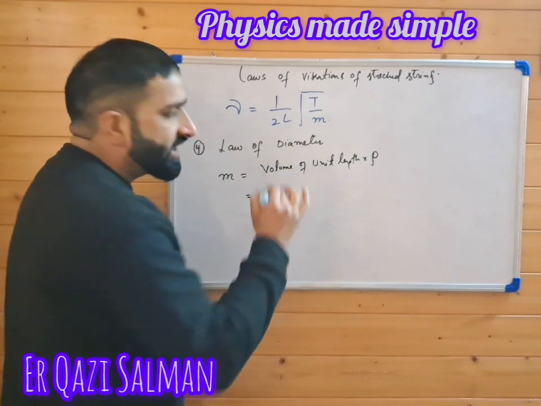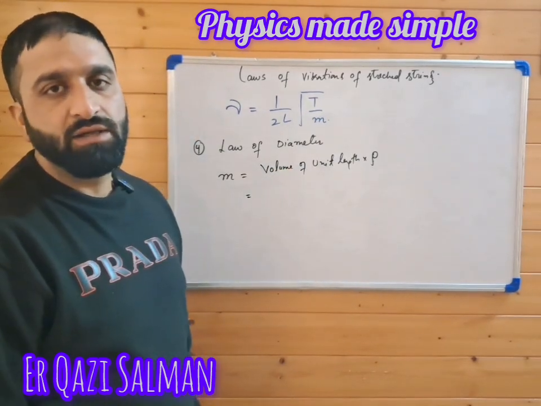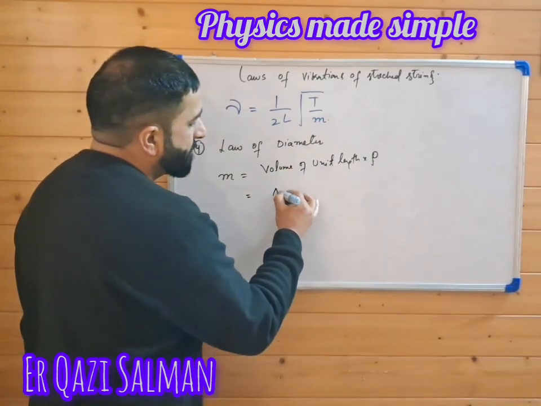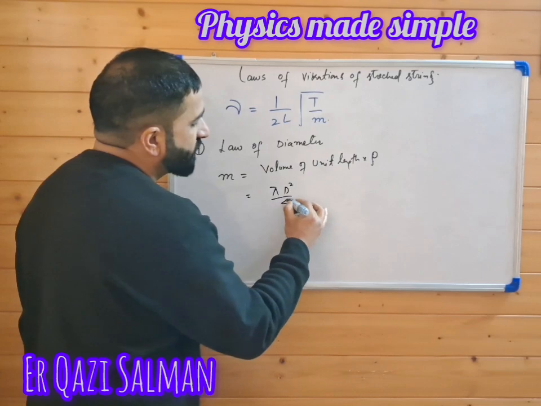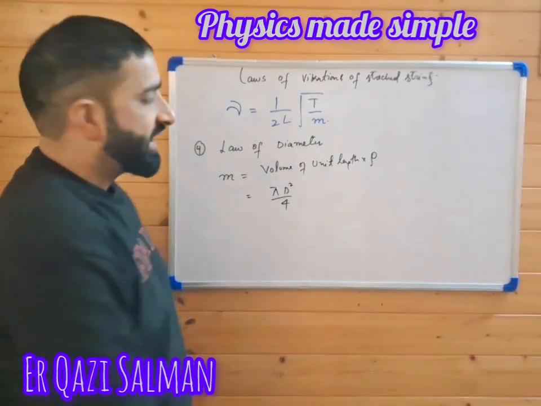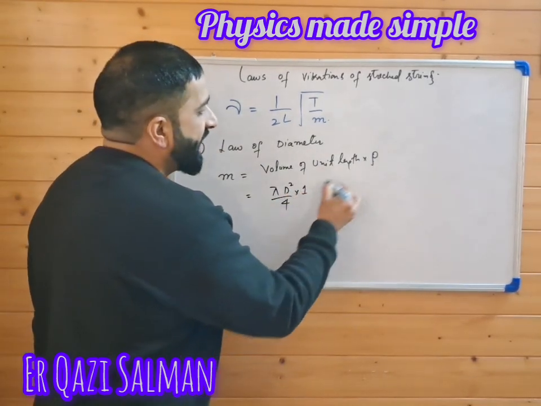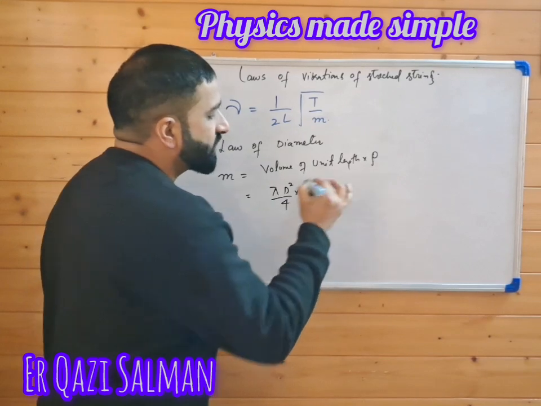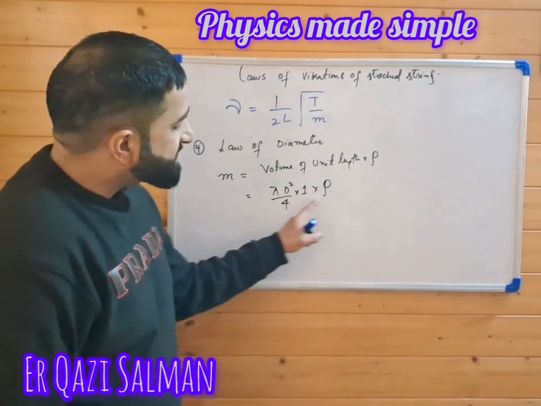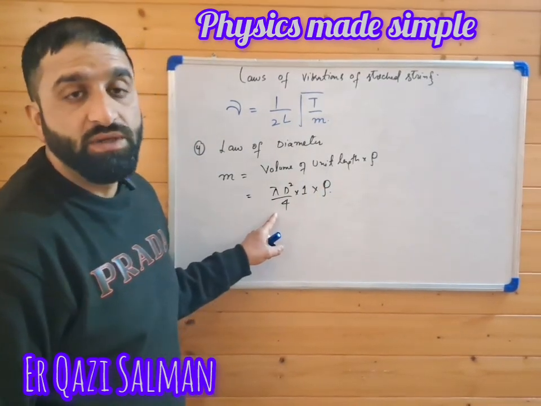Volume is equal to area into length. Area is equal to pi d square divided by 4, if d is the diameter, and unit length is equal to 1, and rho is the density. So this is the mass per unit length.